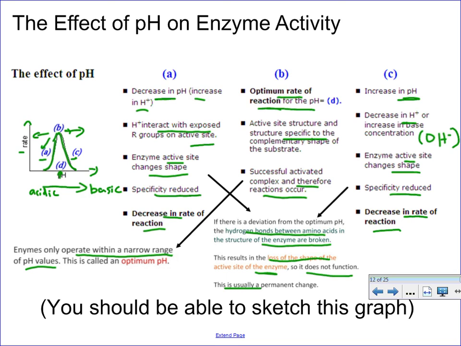As a result, this is generally a permanent change. So once you go beyond the optimum pH, you get that denaturation occurring, and then if you try to return to the optimal pH, you do not regain enzyme activity. That enzyme activity is lost.